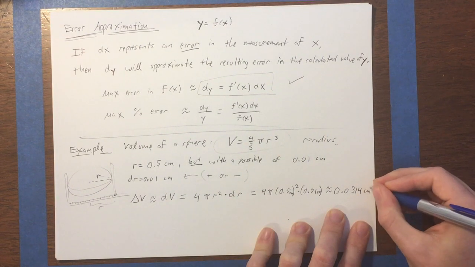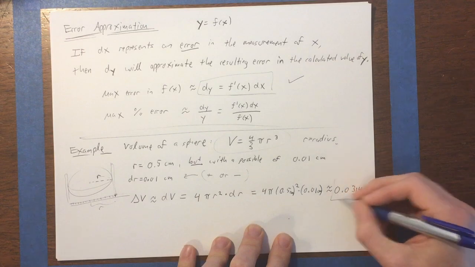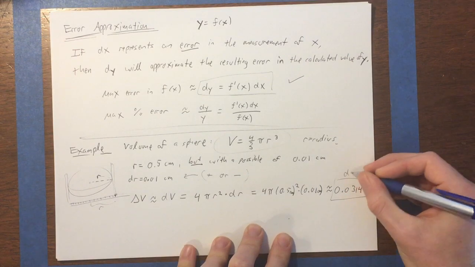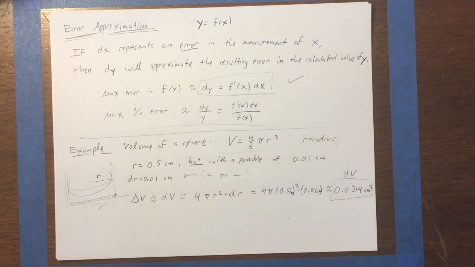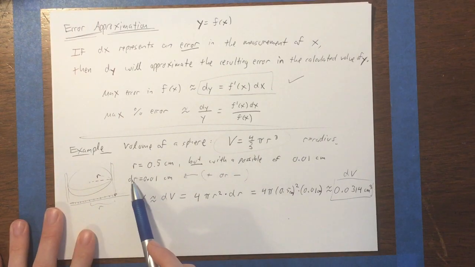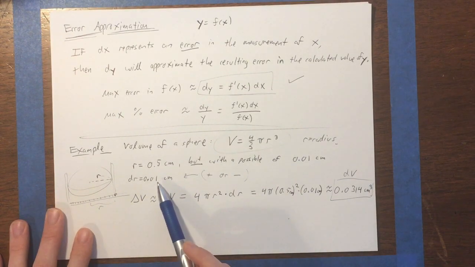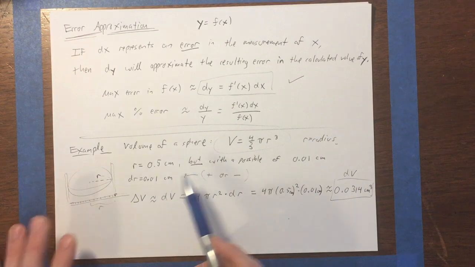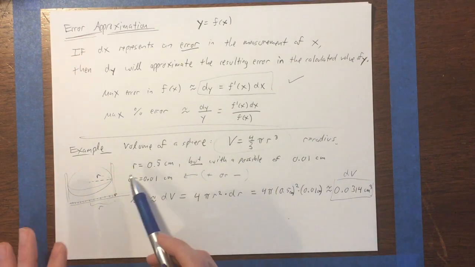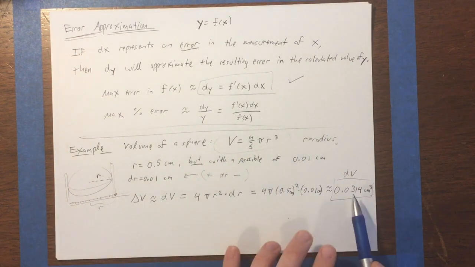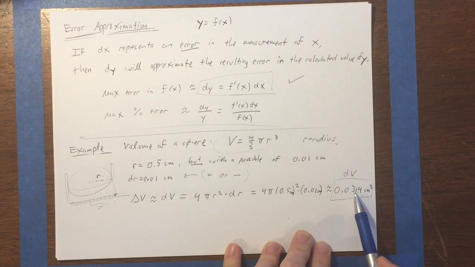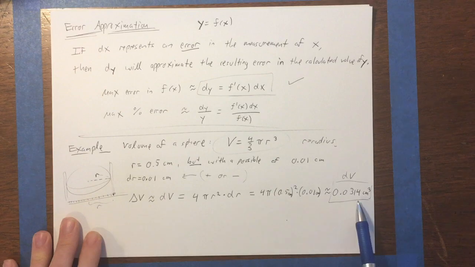So this is centimeters cubed. That's dV, our approximate change in volume, so that's like an approximate error in the volume calculation. So let's compare. We're saying that the radius could have been off by as much as 1/100th of a centimeter. But the volume we calculate, given that measurement, could be off by closer to 3/100ths of a cubic centimeter. So that increased. That's bigger.